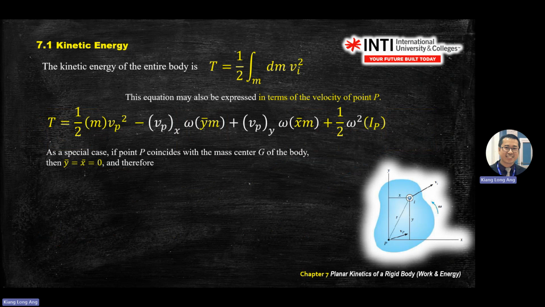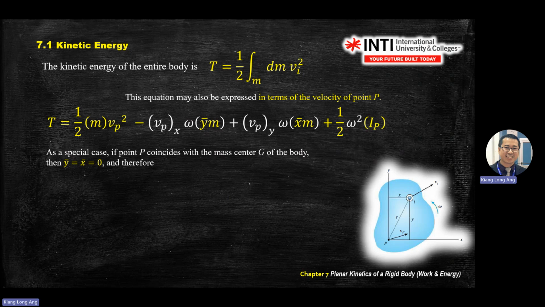So when you have a special case where the P or your interest point is on the center of gravity, means if you move your interest point to the center of gravity, every time you solve your question, your Y bar will be 0.